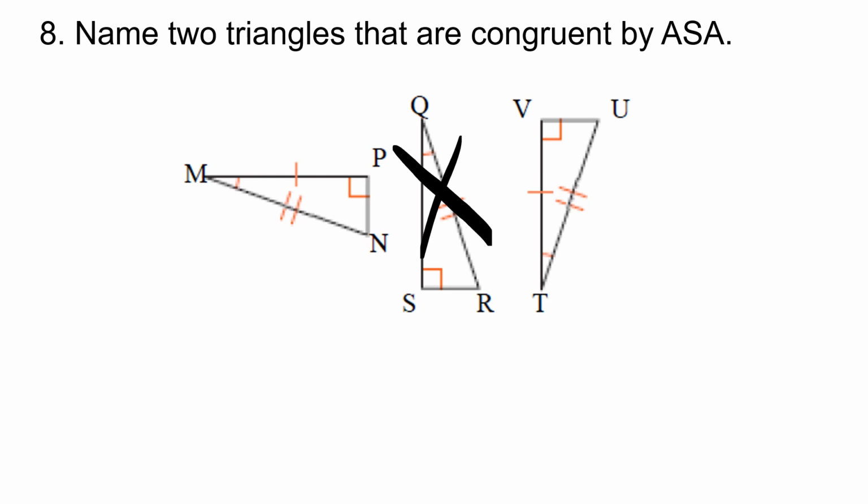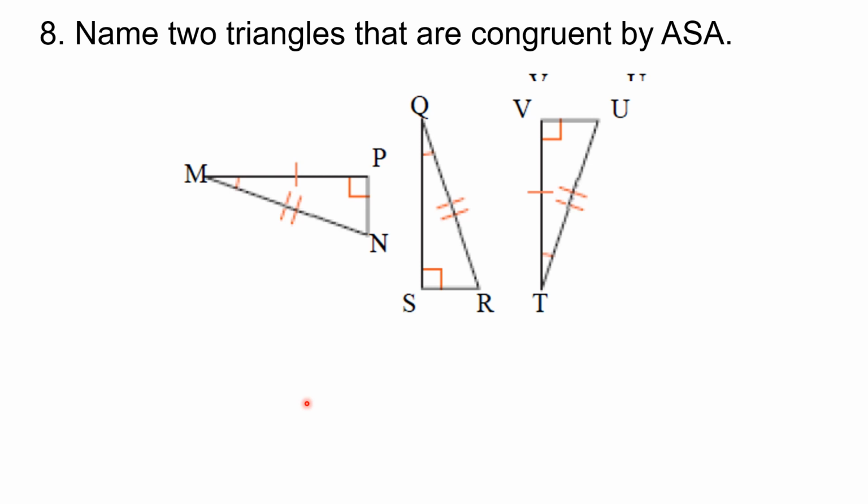So we can assume then that the remaining 2 triangles are the ones that are congruent, but let's make sure. We've got 2 sides labeled here, just like in the triangle on the left, and we've got 2 angles labeled, just like the triangle on the left. So we know now that we are working with the triangle on the left and the triangle on the right, and we'll just get rid of the one in the middle.